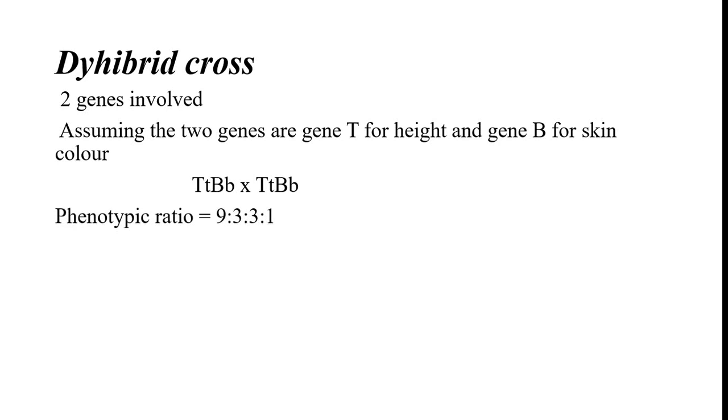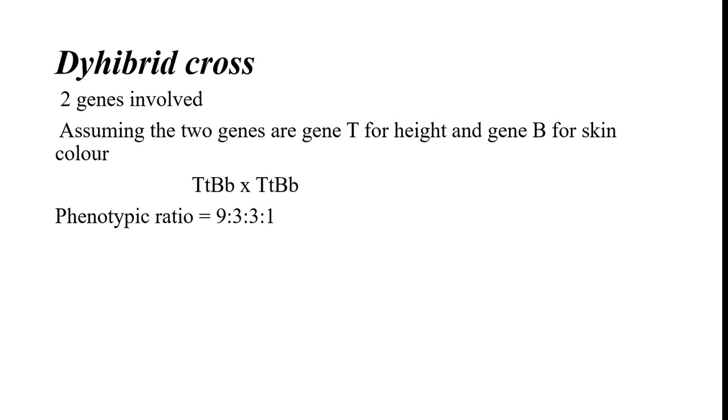Now, phenotypic ratio. If you do the same thing that was done for the monohybrid, you could realize that the phenotypic ratio in this case is going to be 9:3:3:1. Right? What does it mean? The first 9 has some implication. The first 9 represents dominance, two dominant genes.